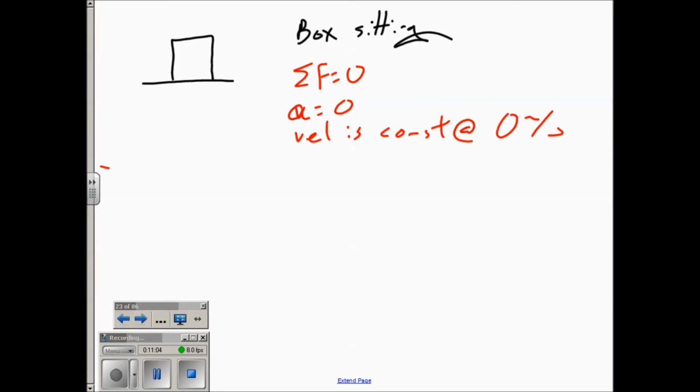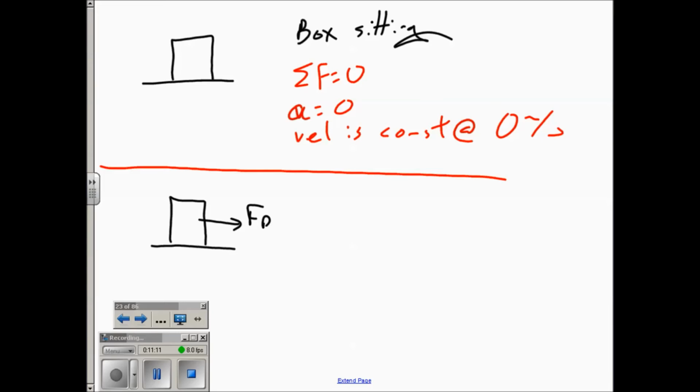Okay, now, what happens when you push the box? So let's suppose we've got a box here, and Roy comes along and pushes it with, I don't know, whatever, I'm going to make up some numbers here, 10 newtons. So now what's happening is our net force is 10 newtons, right? So when I ask people what's going to happen, people always say the box moves.